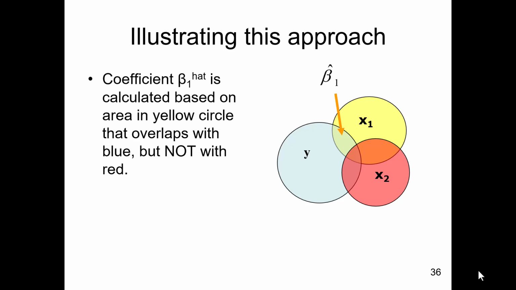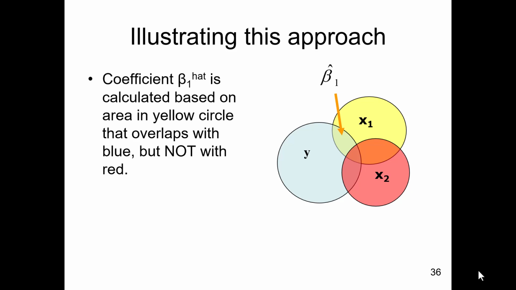We're trying to account for the amount of variation x1 explains in the dependent variable, but not including x2 and the amount of explanation that it takes on in the dependent variable.